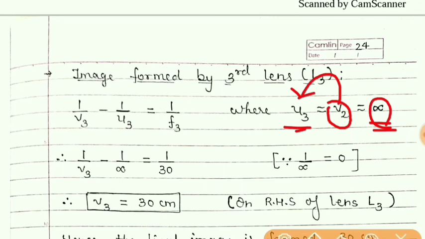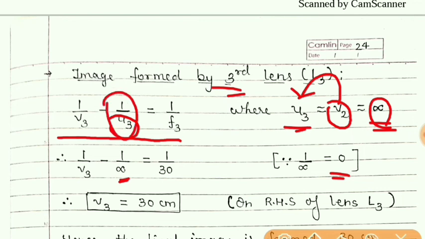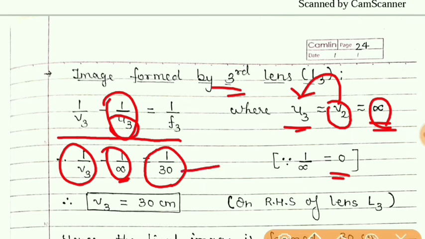Now once again for the third lens, writing the formula 1/V3 minus 1/U3 is equal to 1/F3. U3 is infinite and 1 upon infinite is 0. So this term becomes 0. So what remains? 1/V3 is equal to 1/F3. But the focal length of the third lens is 30.